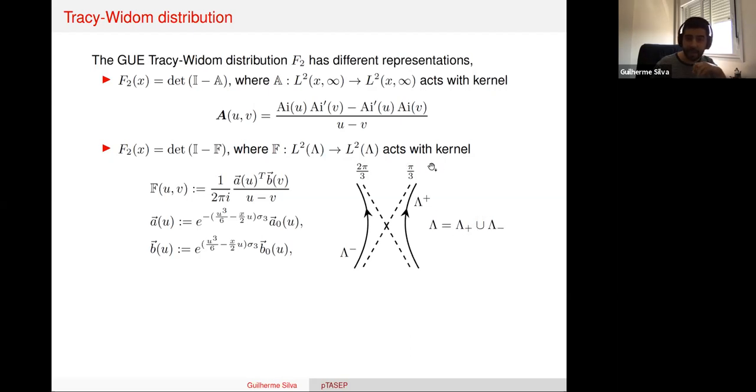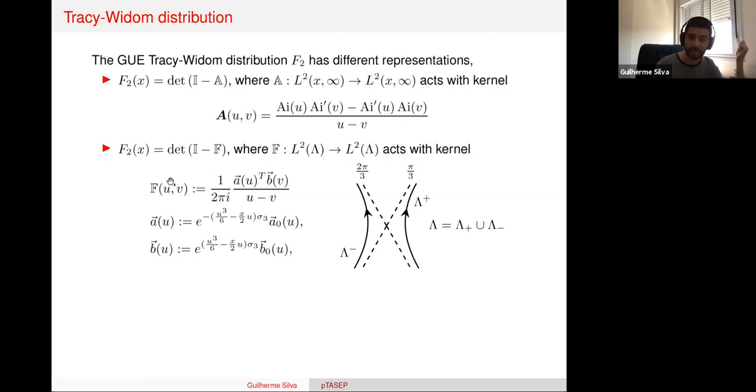And those contours just extend to infinity along certain angles, which are, not by coincidence, the same angles that you can use if you want to write down some integral representation of the Airy function. And how does this operator look? Well, it's a more or less similar form as here. And I write this down explicitly in the following way.